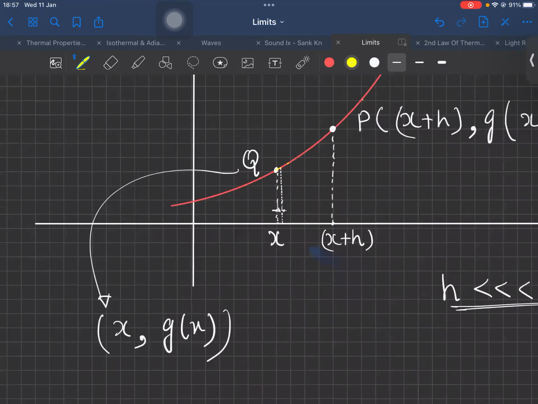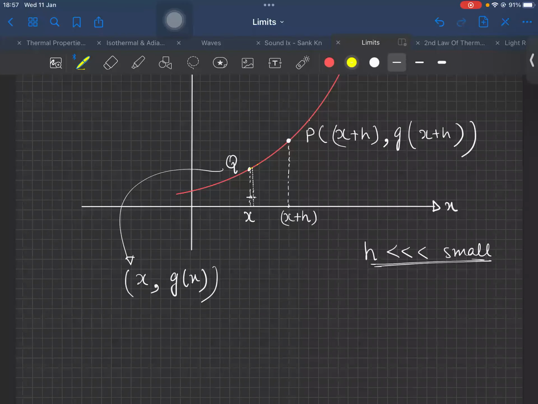So again, let's find the slope of PQ. Let's assume P and Q are very close to each other. How do we write slope? Rise upon run. Let's say this point is S, using the same technique. The rise will be g of x plus h minus g of x.